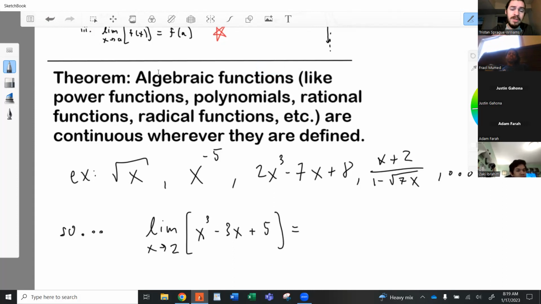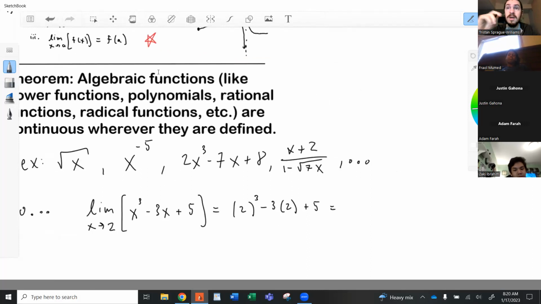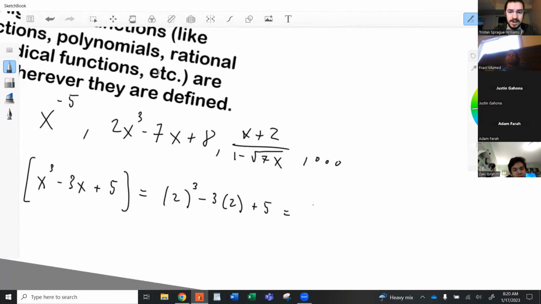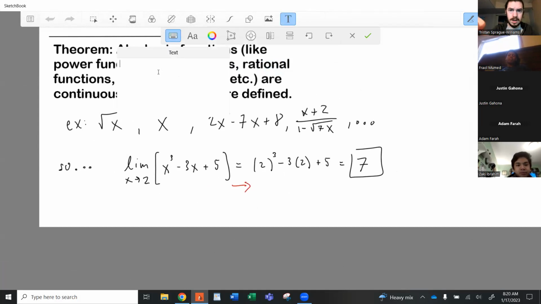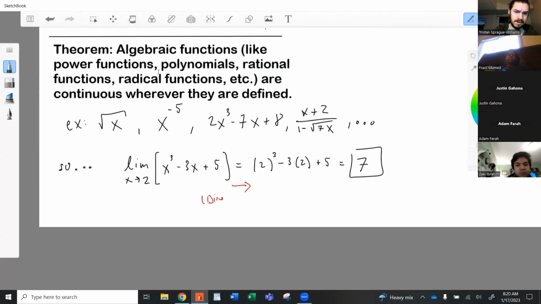And so that means that this function is continuous at 2, and therefore we can evaluate this limit by what is called direct substitution. 2 cubed minus 3 times 2 plus 5, which is 8 minus 6 plus 5, which is 7, I think. I usually do a square. So this right here is called direct substitution.